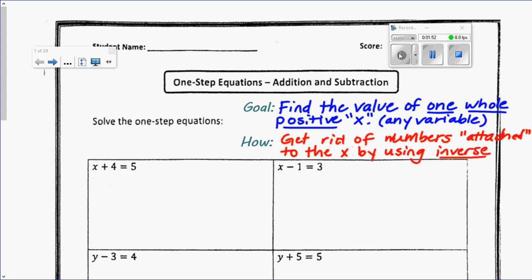Inverse operations, you're going to hear that word a lot. And all that really means is, in the very first example, x plus 4 equals 5, I want to get x by itself, which means I have to get rid of this plus 4. What is the opposite of plus 4? That would be minus 4, and you just used inverse operations even if you didn't know that's what it was called.